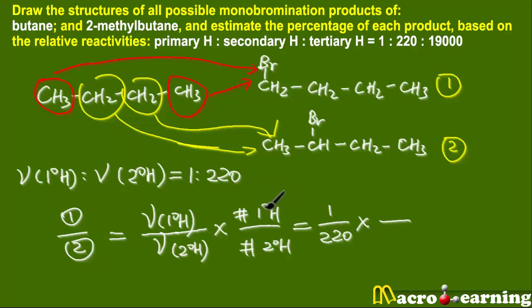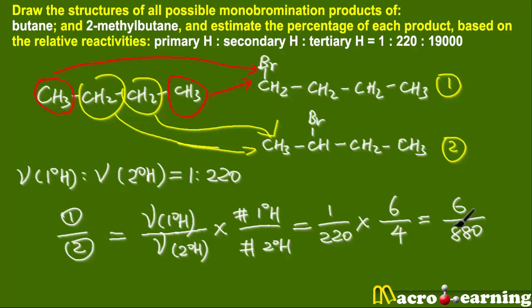The number of hydrogens for primary hydrogen is 6, right? And for secondary hydrogen, the number of hydrogens is 4. So the overall answer is 6/880. So that's the ratio of 1/2.